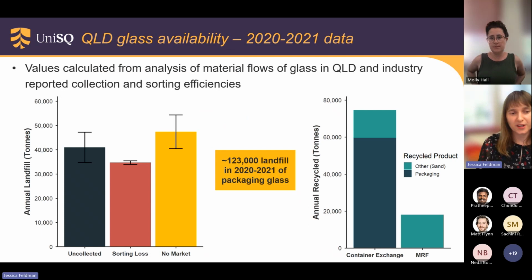You can see here that for high quality glass cullet from container exchange, in some cases almost 20,000 tonnes, they aren't even able to recycle that back into glass bottles, and it's going into other applications. That suggests either there are some other factors happening, or the capacity to produce recycled glass into glass bottles in Queensland is not sufficient to meet that amount yet.